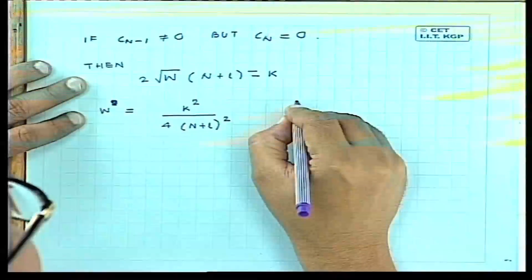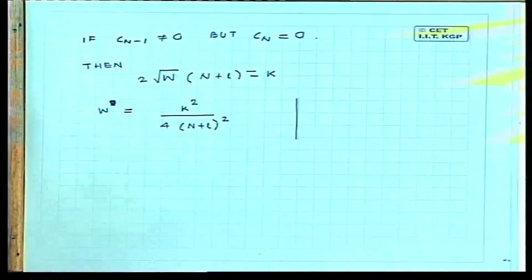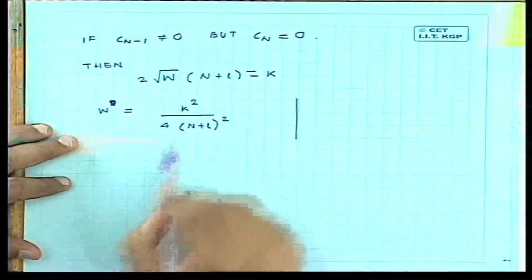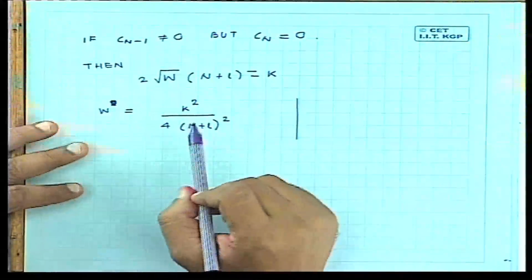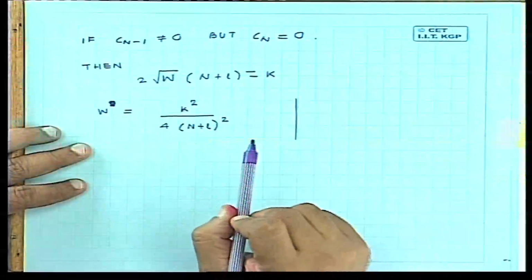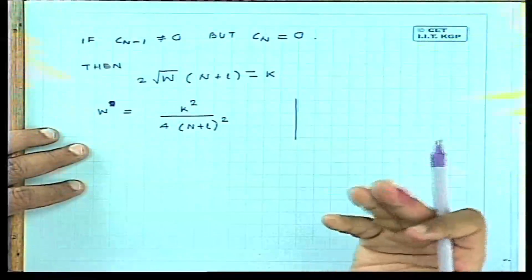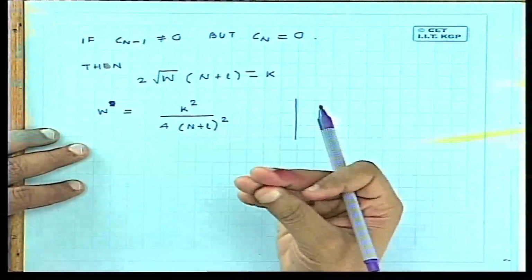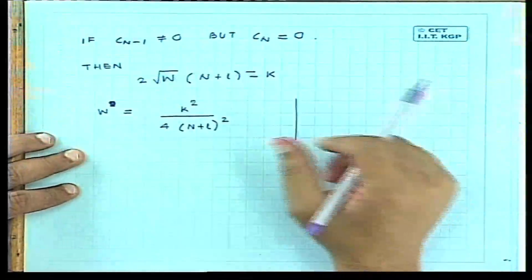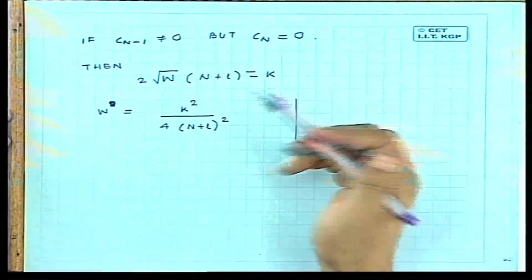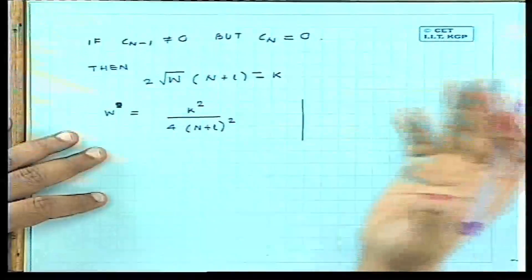Now let us denote n plus L. Now first of all, let us establish what are the allowed values which n can take. So n obviously cannot be 0, because at least one of the coefficients has to be non-zero. If n is 0, then C0 is going to be 0, which is obviously meaningless, right? And anyway, C0 cannot be expressed in terms of C minus 1. So n cannot be 0, n can be 1.